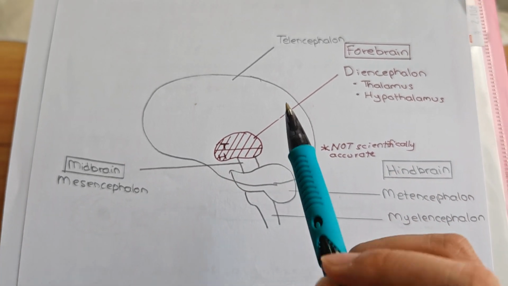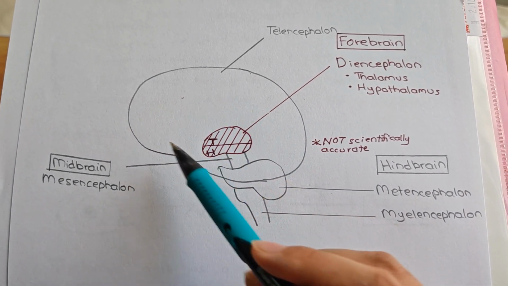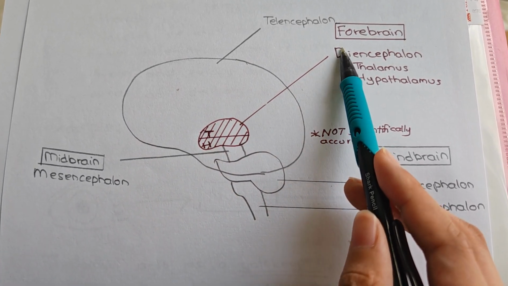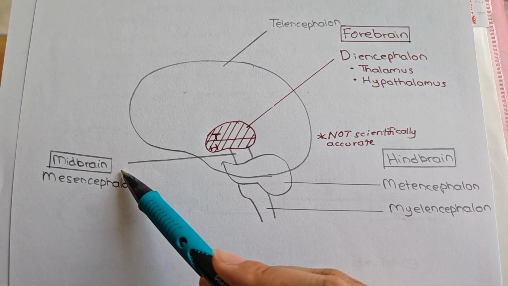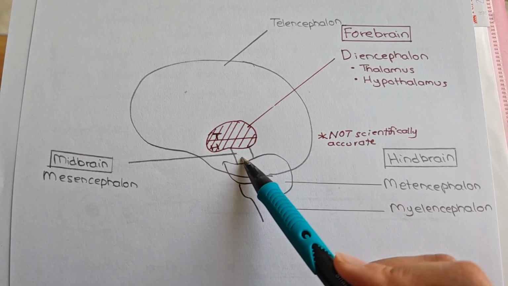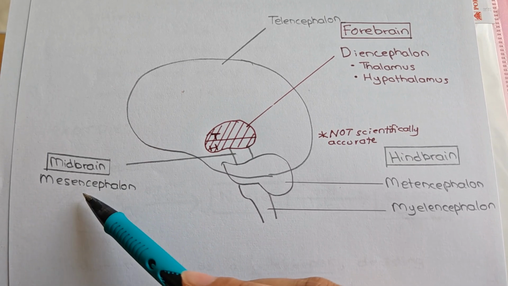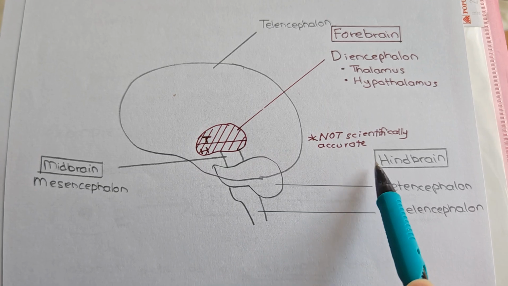All right, so just so you guys can understand the whole picture, this is the brain, this is the telencephalon, and this is the diencephalon right here, very small. This here is considered the midbrain, which only has one part, the mesencephalon. This is the hindbrain.